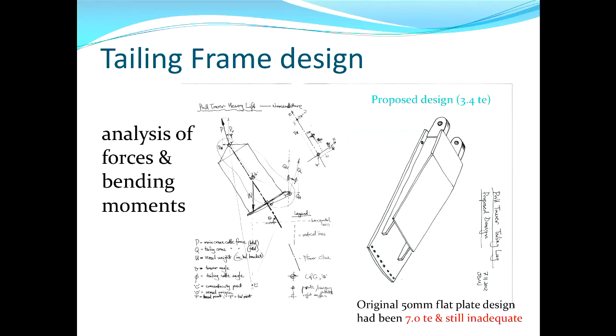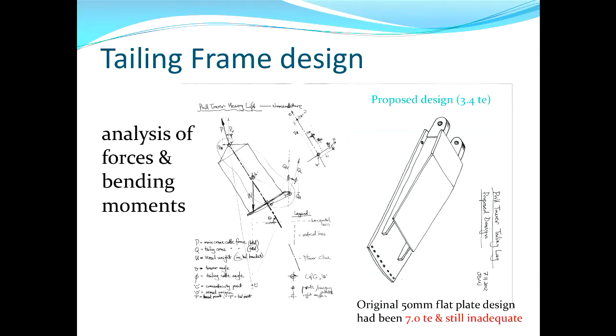Well, initially, people thought, we'll put a plate of steel on that and that'll be fine. You know, it's just a lug, it's just a lifting lug. They thought, well, let's just for argument's sake, we'll make a 50 mil thick steel plate. It weighed 7 tonnes, and it was seriously inadequate. Once you start lifting it using just a flat sheet of steel, you end up with something really heavy that still fails.